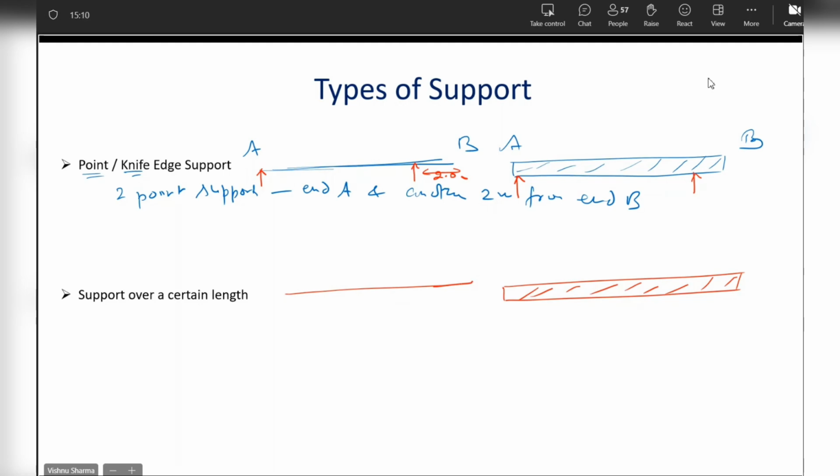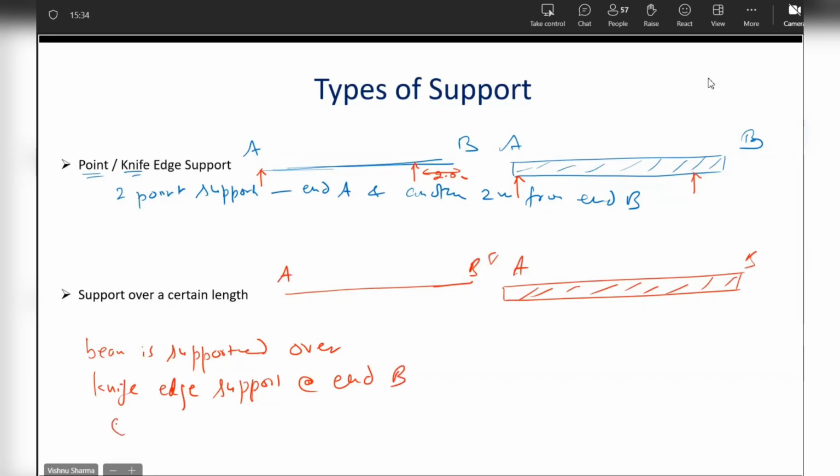Let us say I give you a question saying the beam is supported over a knife edge as support at end B and resting over a plane surface over 3 meters from end A. Okay, over 3 meters from end A.